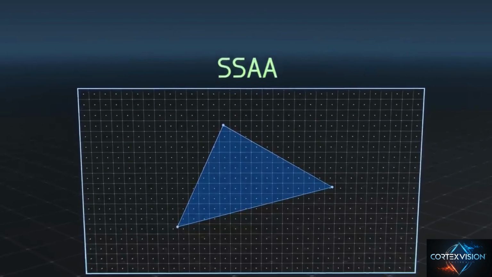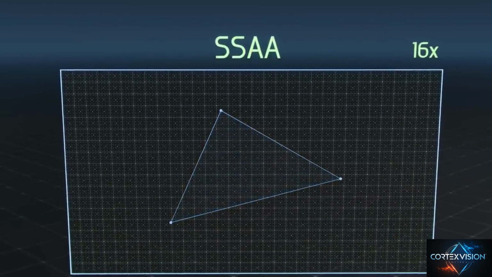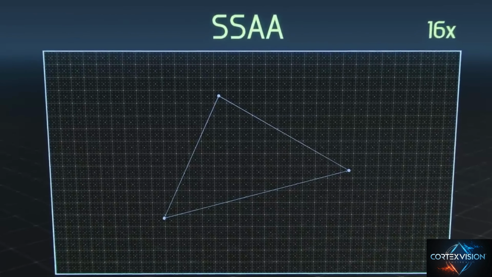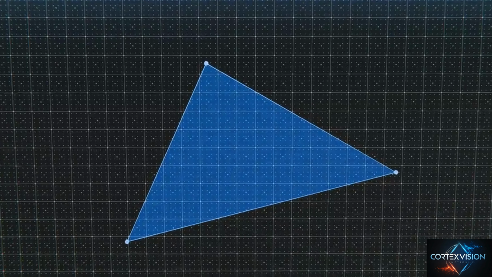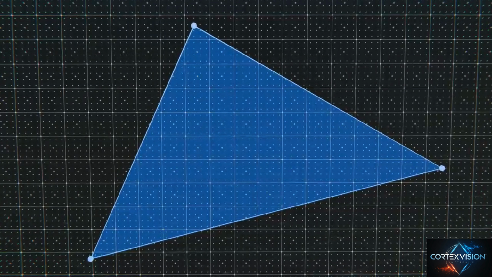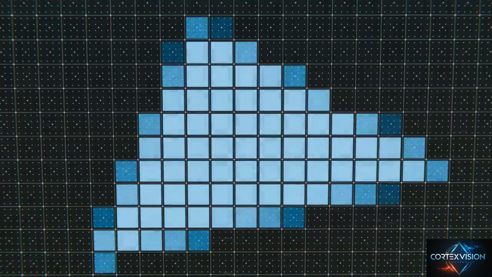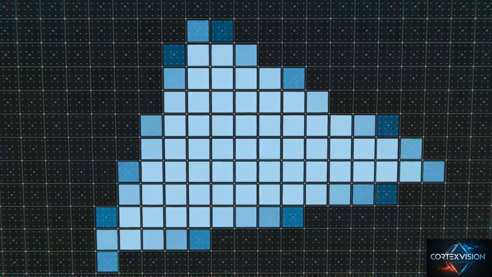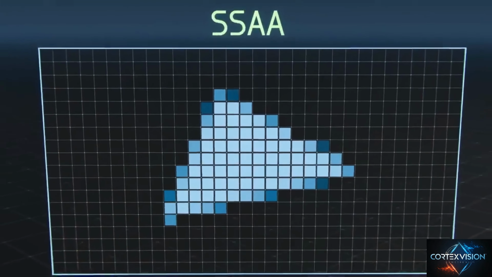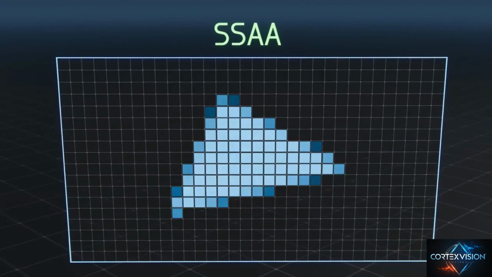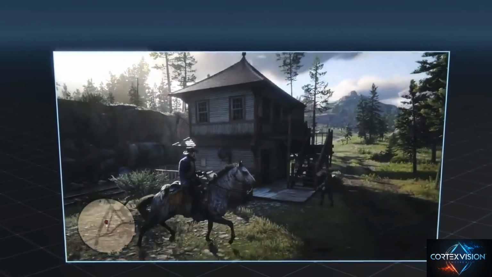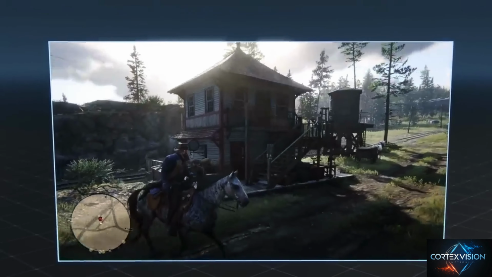With SSAA, 16 sampling points are distributed across a single pixel. And when a triangle cuts through a pixel, depending on how many of the 16 sampling points the triangle covers, a corresponding fractional shade of that color is applied to the pixel, resulting in faded edges in the image and significantly less noticeable pixelization.